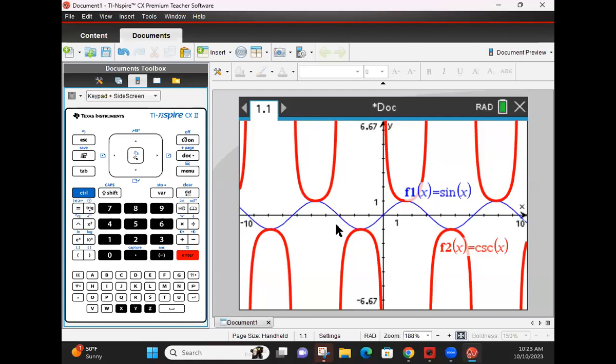Not the x value, the function value. So it's negative pi comma 0, right? So anywhere, like we talked about, that sine is 0, sine is 0, sine is 0, sine is 0, sine is 0. Anywhere that sine is 0, we're seeing an asymptote in the same spot with cosecant.